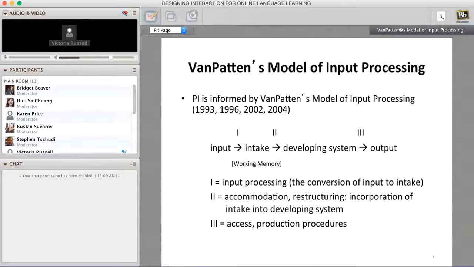Input processing occurs when input is converted to intake. This is the area that is targeted by PI. So as you can see on the slide here, where the number 1 is, that is where the processing instruction is targeting, where input is converted to intake.